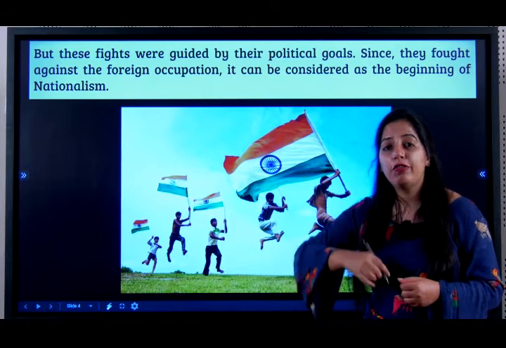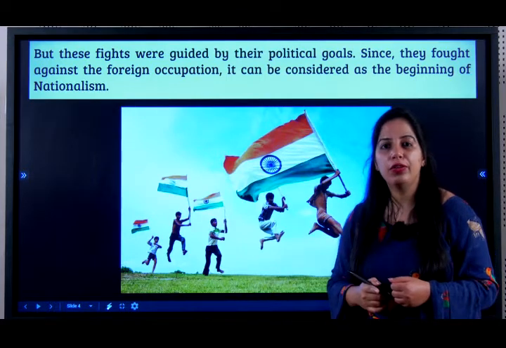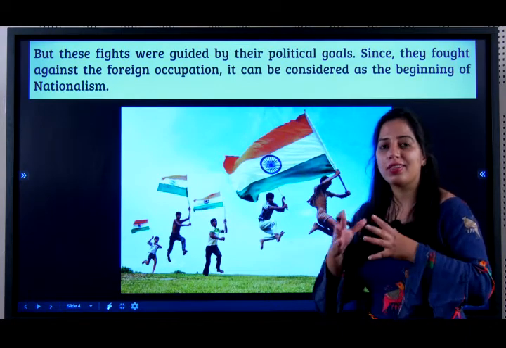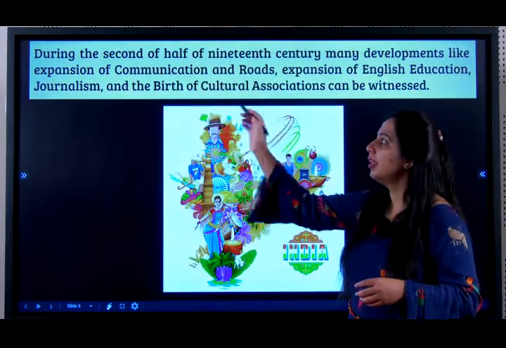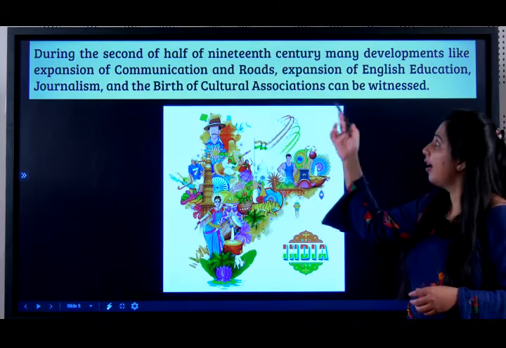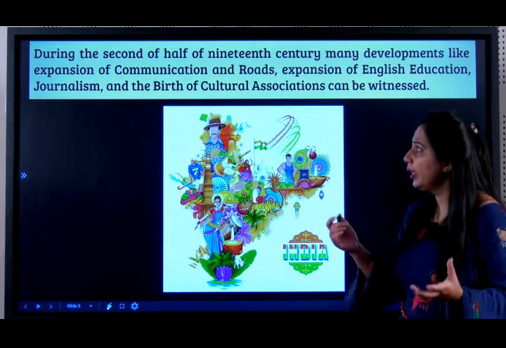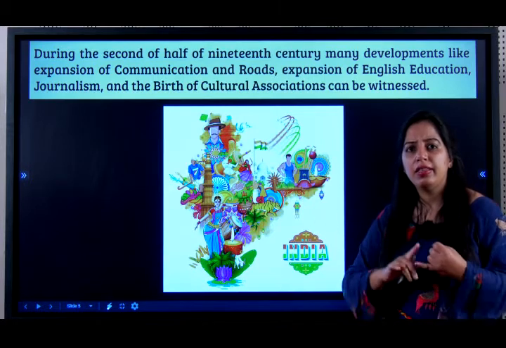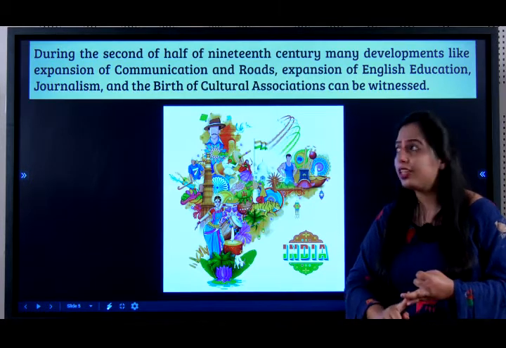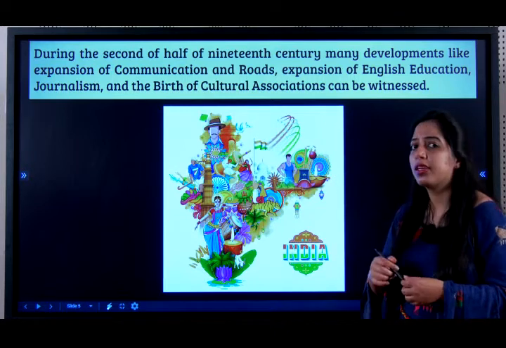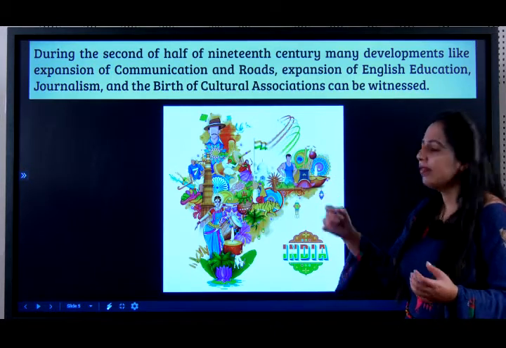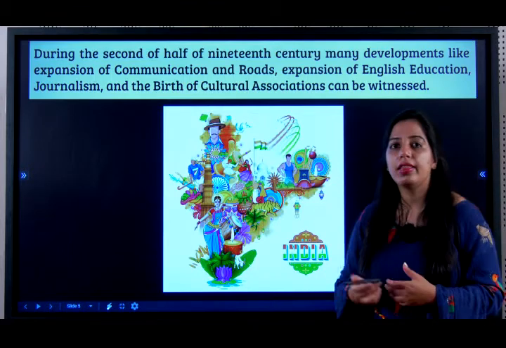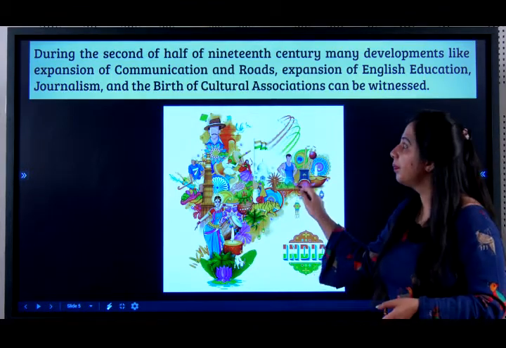But since they were fought against the foreign rule, it can still be considered the beginning of nationalism. During the second half of the 19th century, we saw that the British expanded their railways, communication, telegram networks, journalism, and we also saw a lot of cultural associations formed.